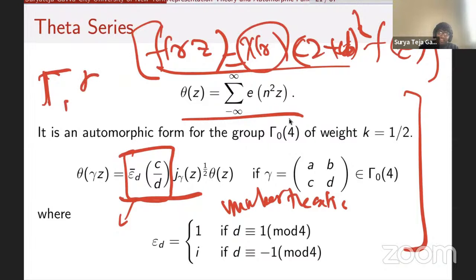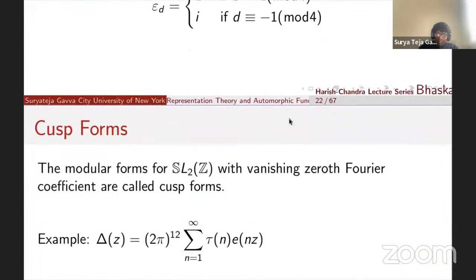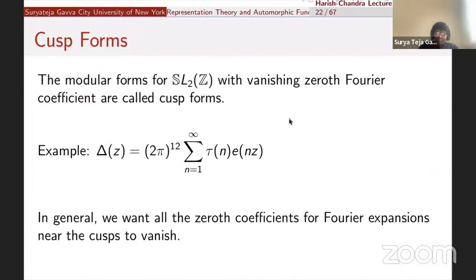We have this k, which is called the weight of the form, and this extra multiplier system, the extra factors that you have. People were studying them in different contexts. They saw them and so they would study them differently.